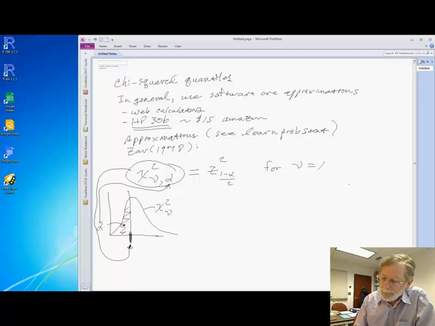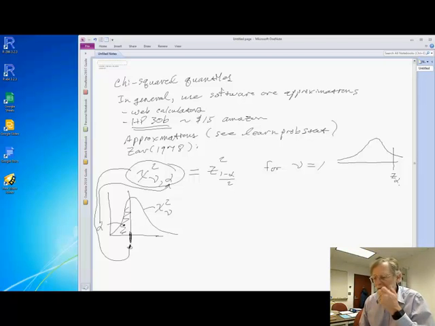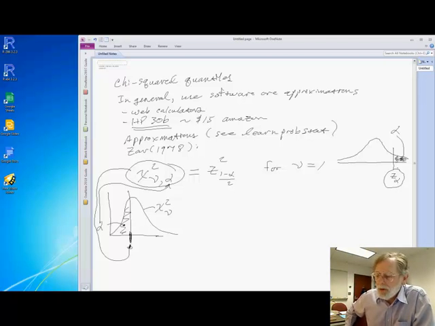And the interpretation is that you have an upper tail z-score, z sub alpha, and you always take the area to be in the upper tail when you see this notation z sub alpha. It's a special notation reserved just for the standard normal distribution.